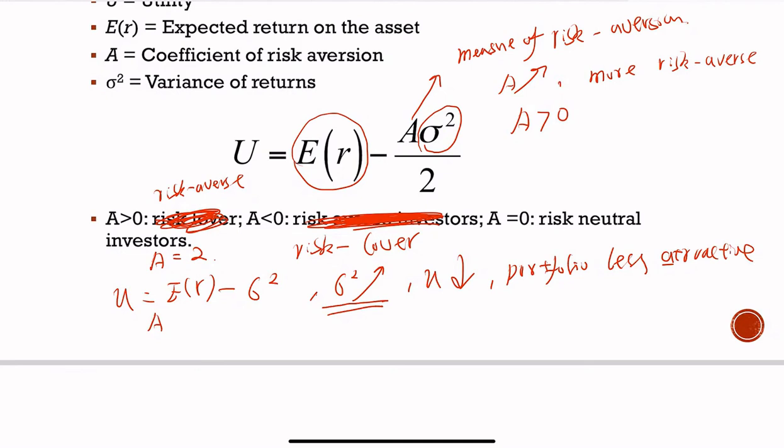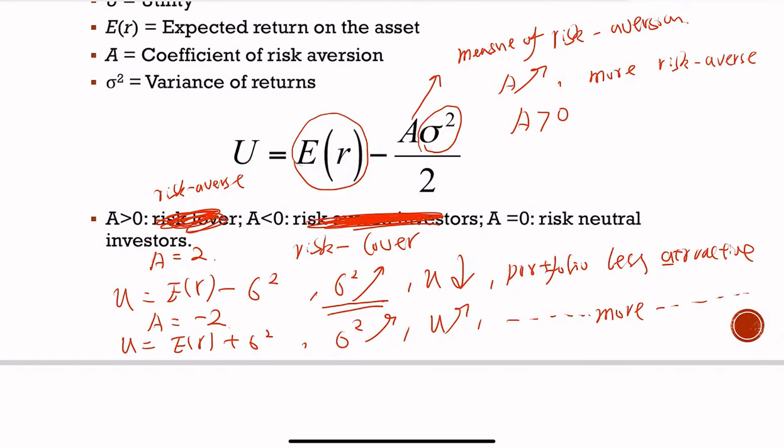And you can also see that if A equals -2, in this case, we will have a risk lover. So you can see that if variance increases, utility increases. It means the portfolio becomes more attractive.